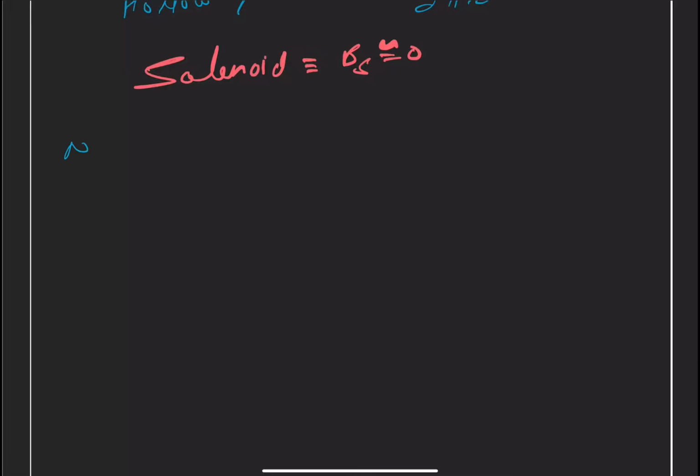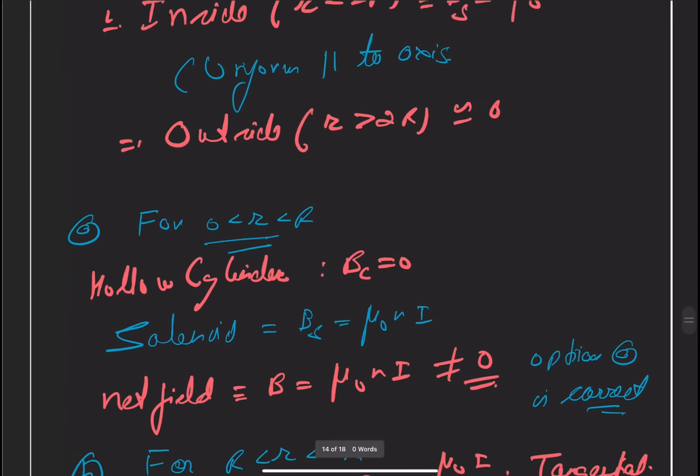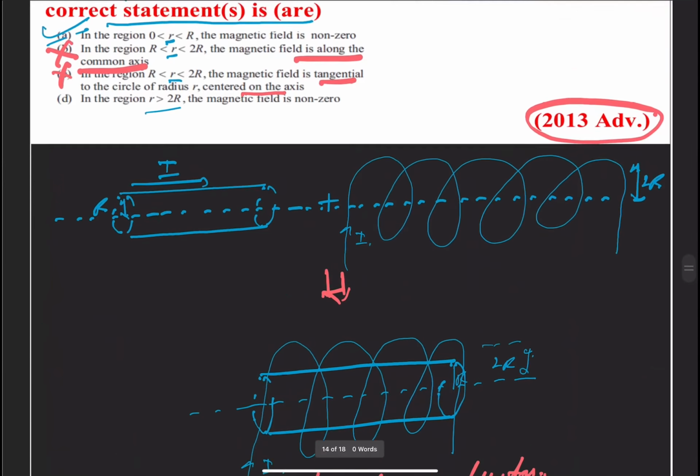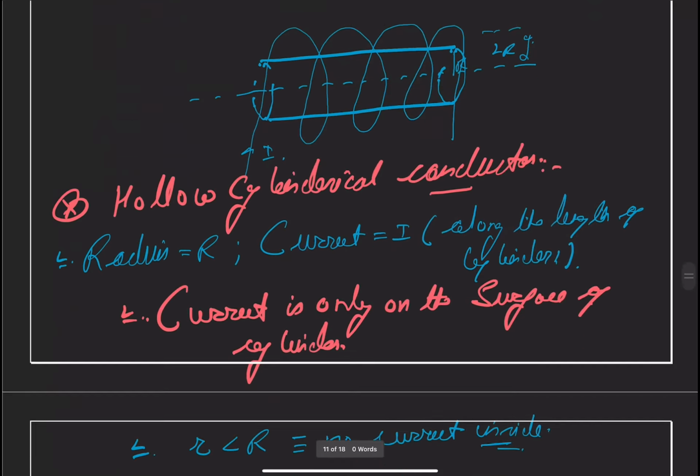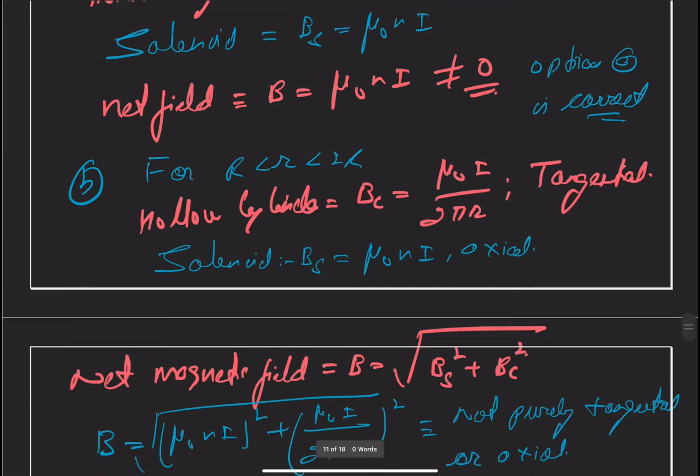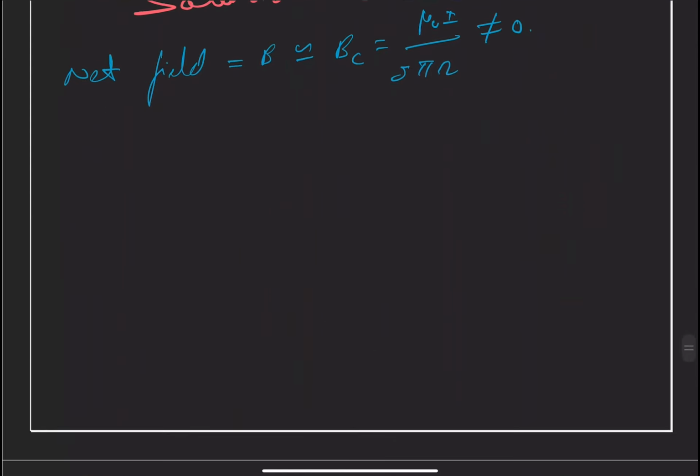And therefore net field B is approximately equal to that of the hollow cylinder, mu naught I upon 2 pi r, not equal to 0. The option for the final part, D, states that it is non-zero. So option D is also correct.